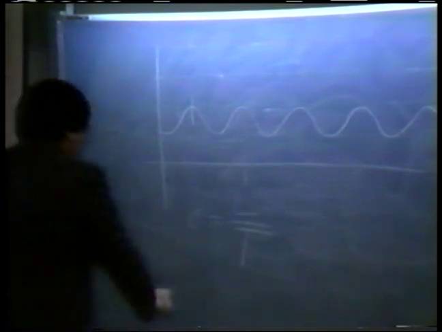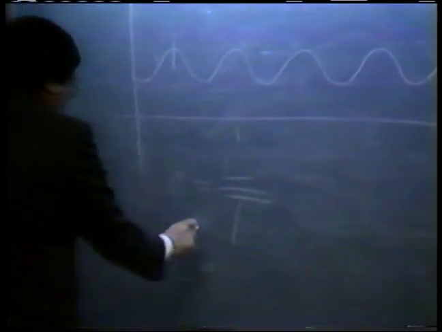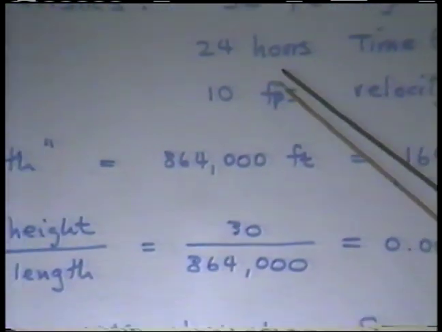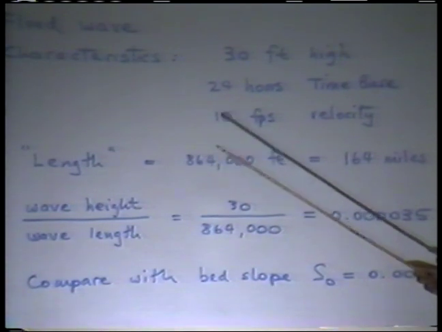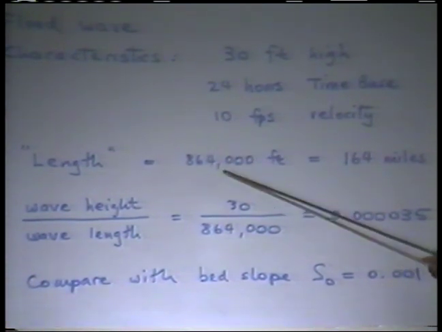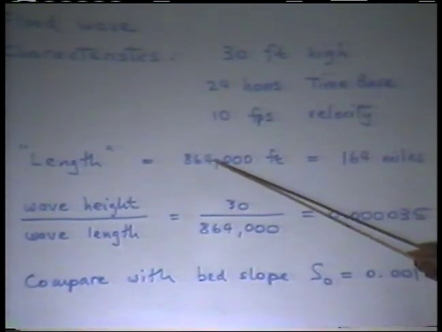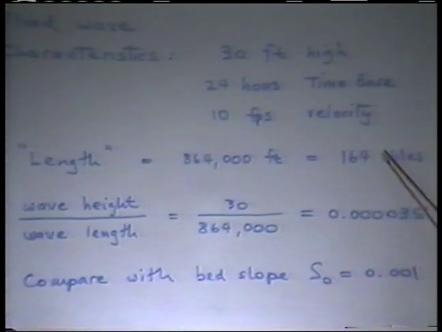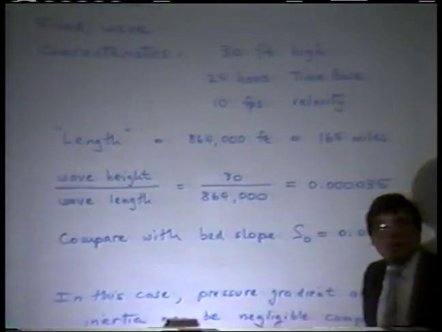The celerity is the length over the time. And therefore, the length of this wave, quote unquote, is going to be celerity times the time. If the celerity is 10 feet per second and the time is 24 hours, 86,400 seconds, then we would get 864,000 feet, which is 164 miles.